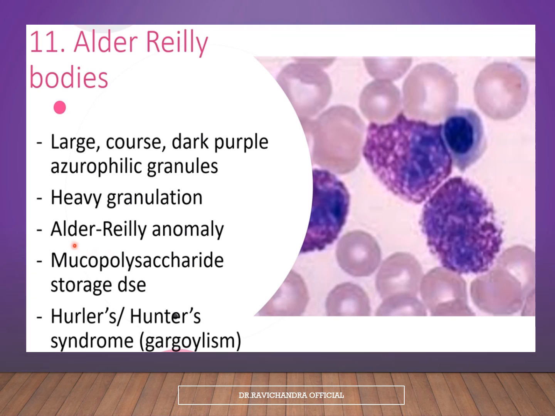Alder-Reilly bodies or anomalies. Large coarse dark purplish eosinophilic granules are seen. There will be heavy granulation, resulting in Alder-Reilly bodies, which are seen in Alder-Reilly anomalies, mucopolysaccharide storage diseases, Hurler or Hunter syndromes.